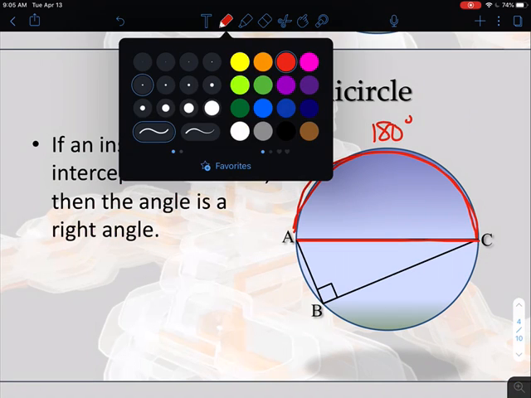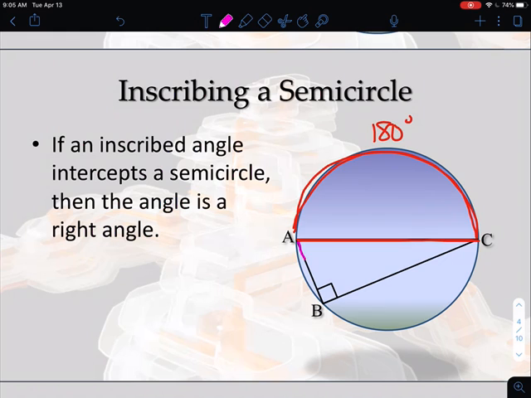Well, what happens here is if I create an inscribed angle, like ABC here, we just talked about that angle has to be half the size of its arc. And so if my arc is 180 total degrees, my angle has to be 90. And that doesn't matter where that angle is.